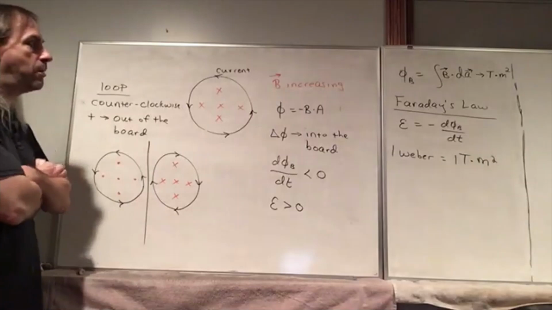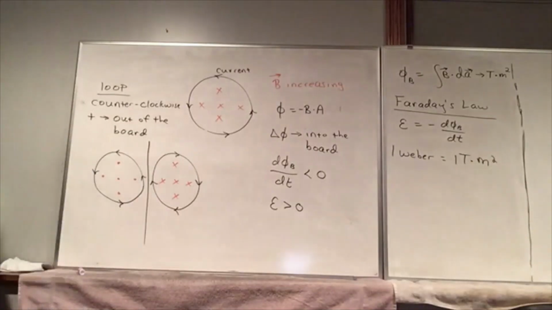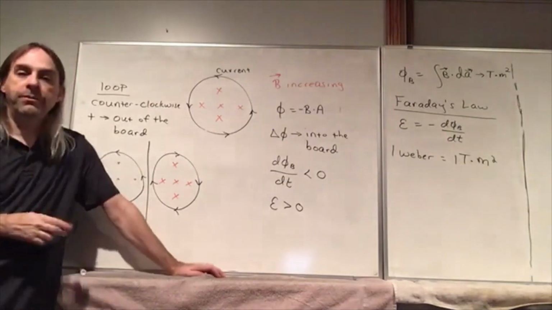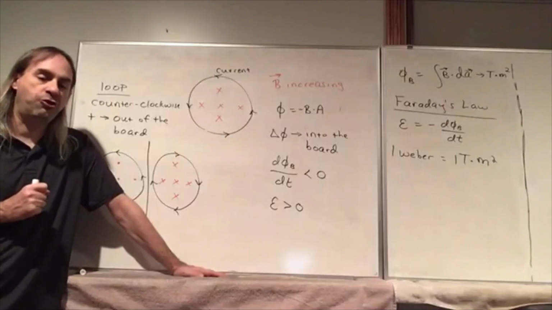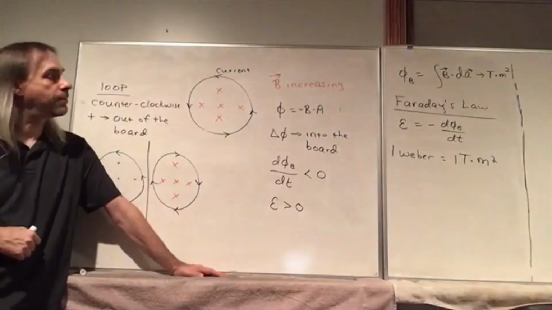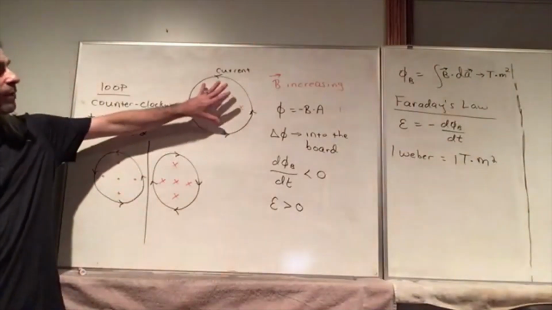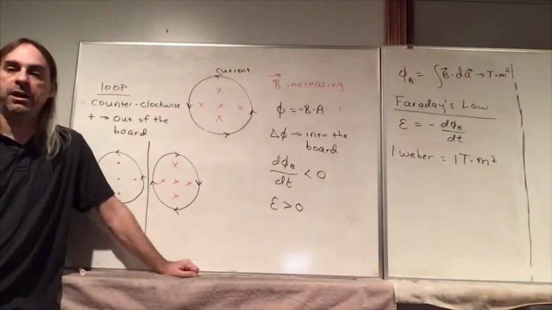So the induced current will create a flux. And what Lenz's law says is that the induced current is going to create a magnetic flux to oppose the change in the flux.